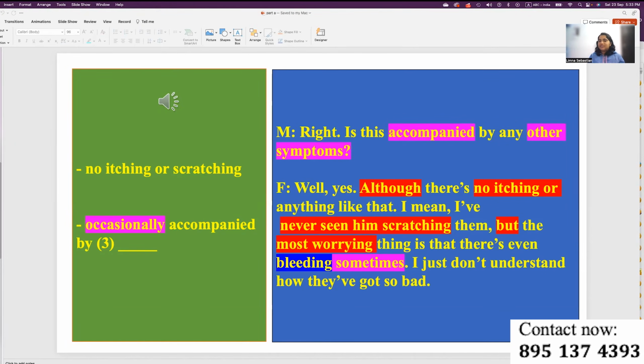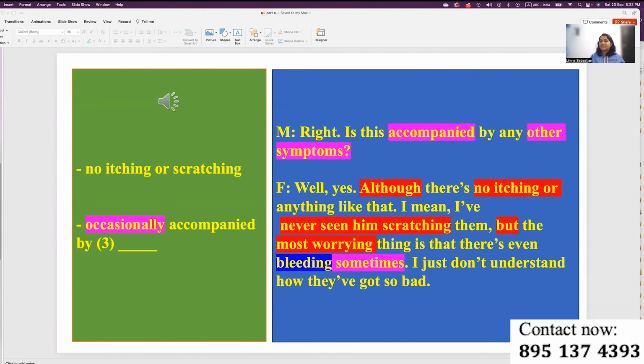Then, but the most worrying thing is that there is even bleeding sometimes. But is very important because it's a contrast word. After the contrast word, definitely there will be the answer. So here it's telling, but the most worrying thing, most is the scale used there. Even bleeding sometimes.